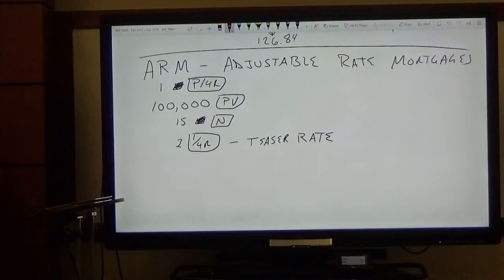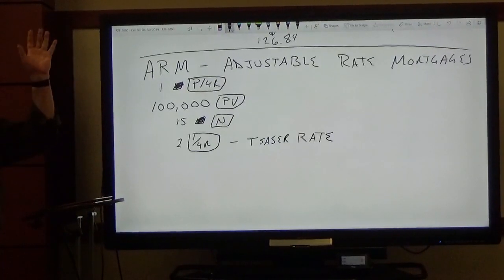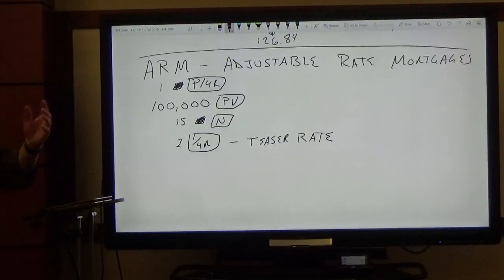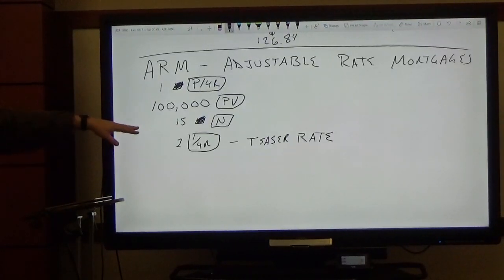The reason why it's called a teaser rate is it's meant to purposely attract you to this loan and say, "Woo, look how low that interest rate is." We're basically teasing you with that really low interest rate to make you come to our bank as opposed to somebody else's bank, because we're going to give you that low introductory rate. Okay, does that make sense? Yes? Mm-hmm. Yeah. All right.